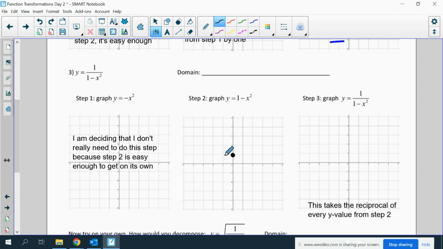So that's going to have -x squared moved up by 1. Now I'm going to take the reciprocal of that. So I take the reciprocal of every y value in step 2.